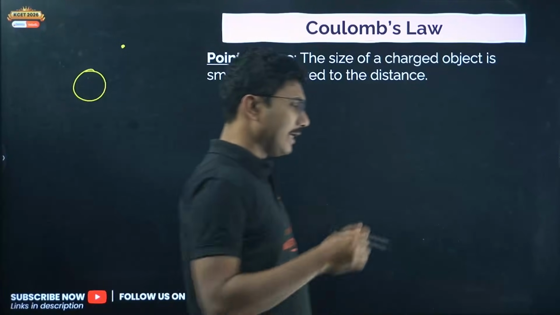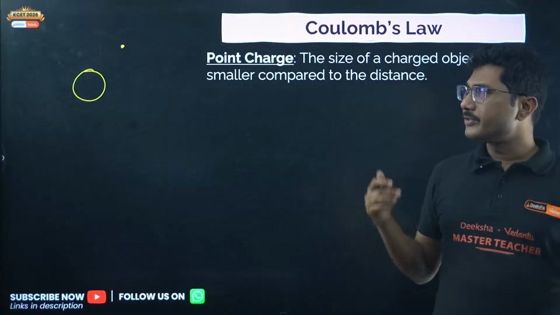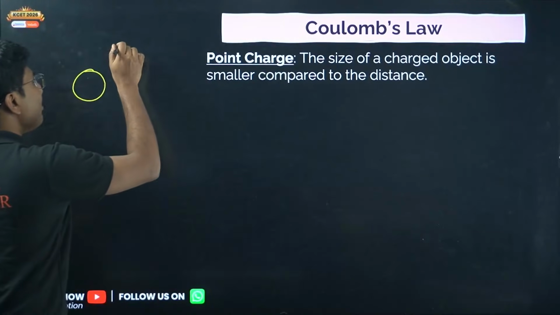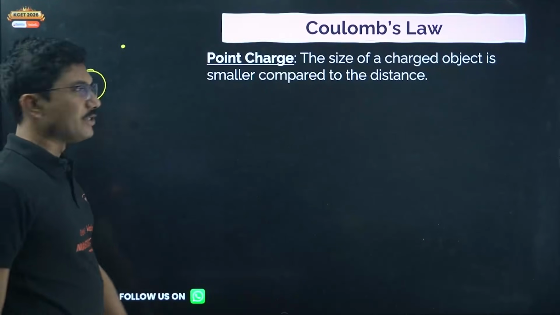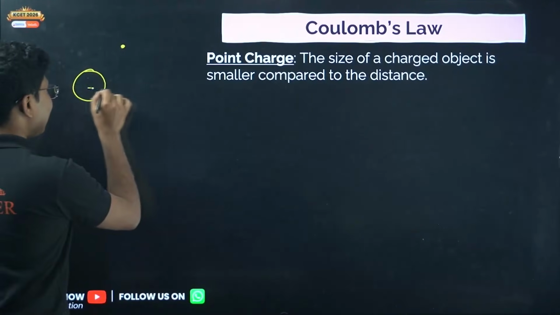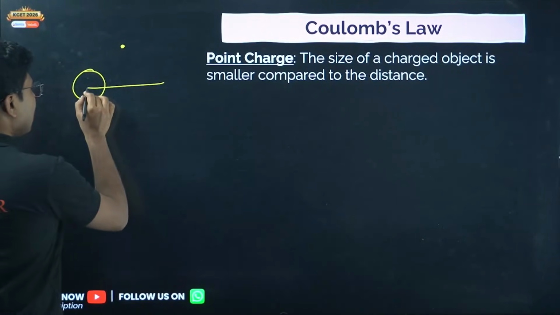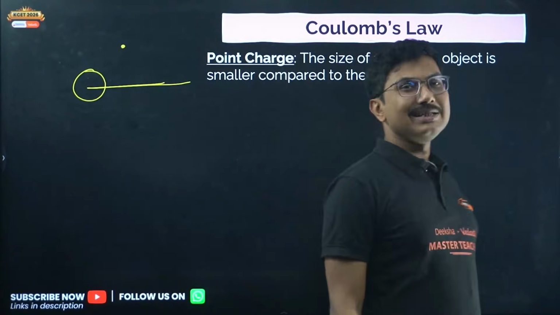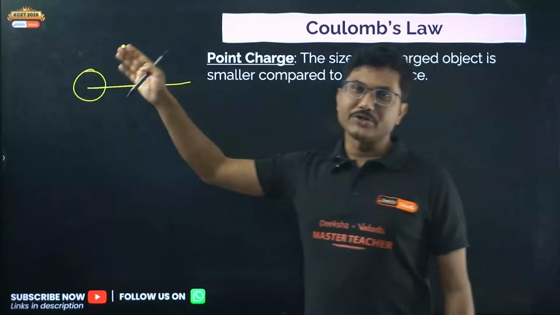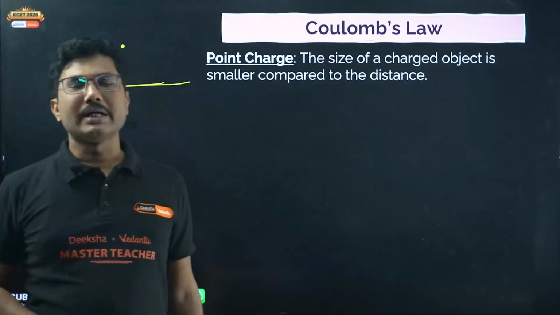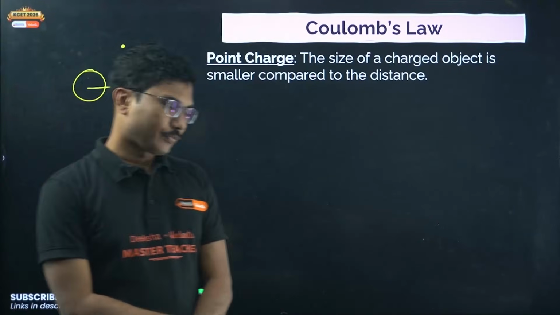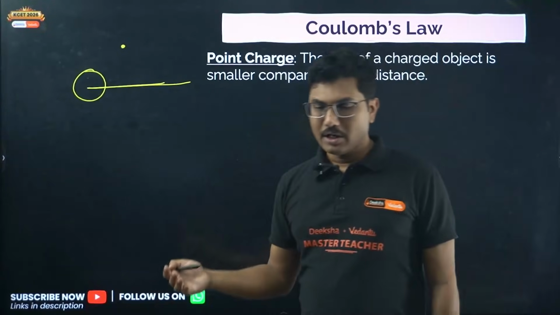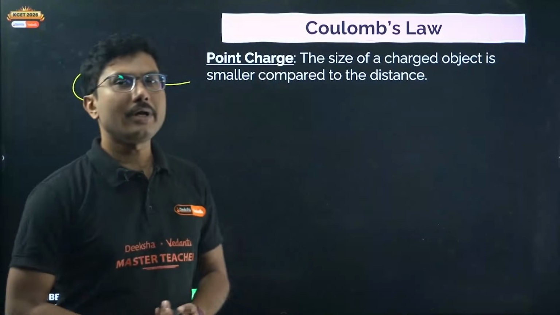Now when we say point charge, it is very important to understand that point charge does not necessarily mean it's simply a point. Point charge means that if, compared to the distances that we are measuring, the size of the charged object is smaller, then we can consider it to be a point charge. So if the distance is bigger than the size of the object, then we can say this is a point object.